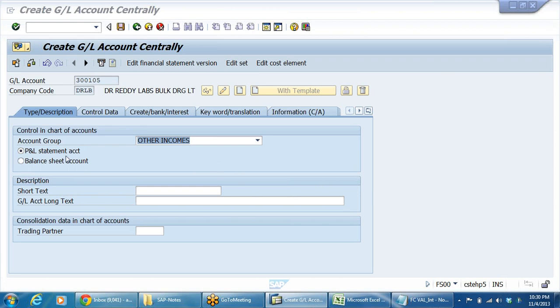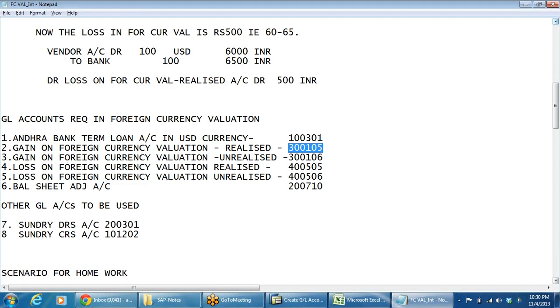Right, group is other income. It is a P&L account.